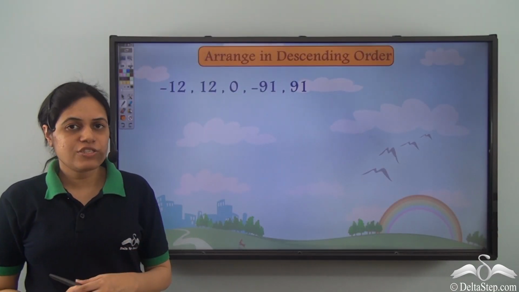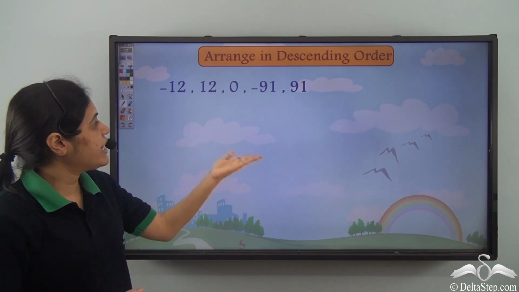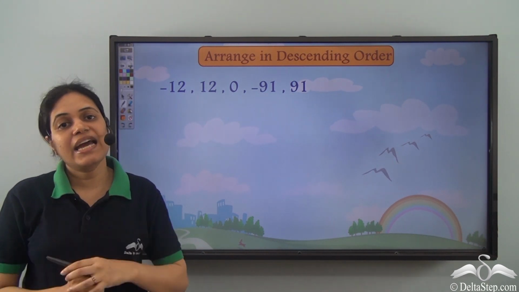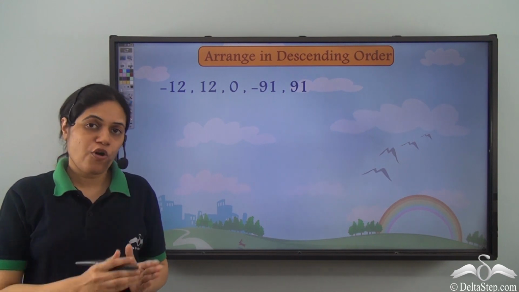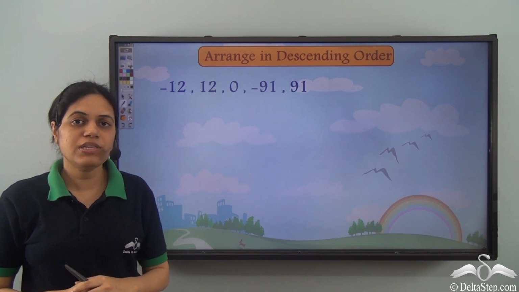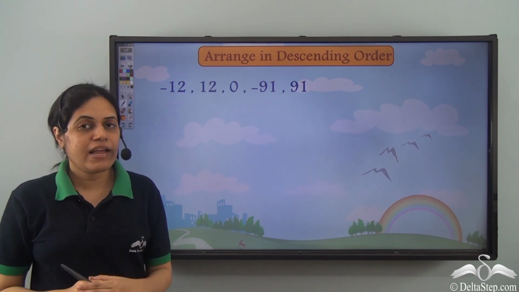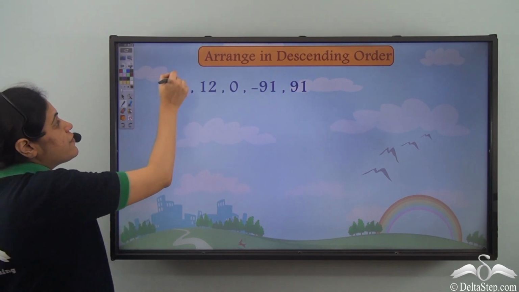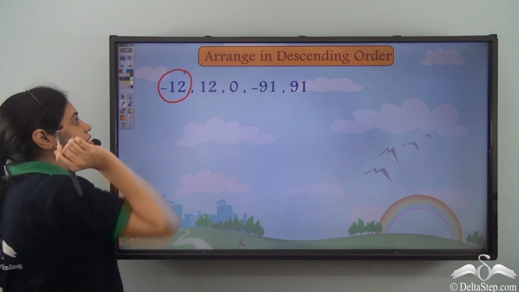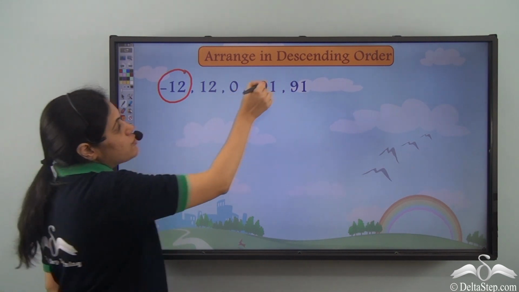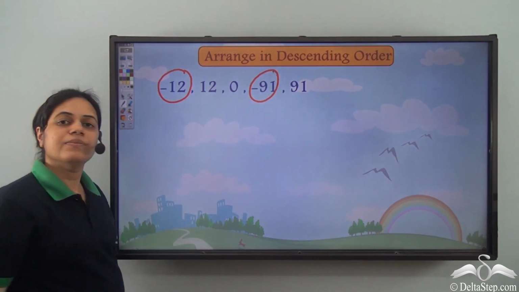So now can you try this on your own? You need to arrange these 5 integers in descending order, that is from the largest to the smallest. Well, for that we first look at the signs. So I have 2 negative integers.